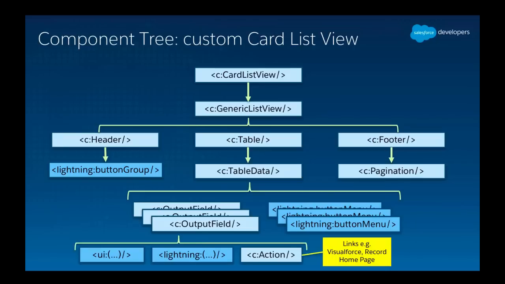The output field is further broken down into UI and lightning namespace components for the various types of output fields it can actually render, and potentially even a custom component to render things like links to Visualforce pages, record home pages, and so on and so on.